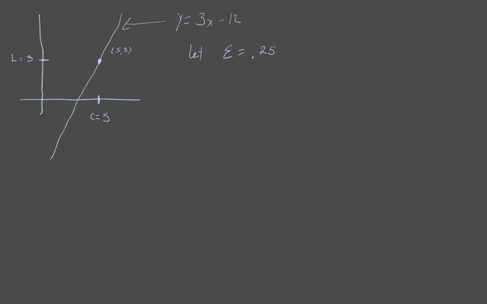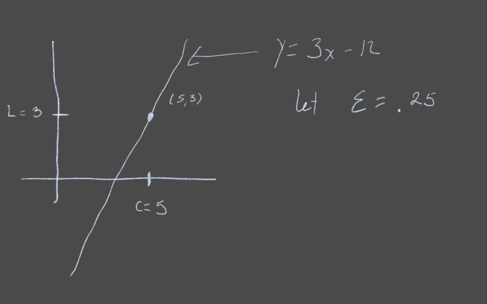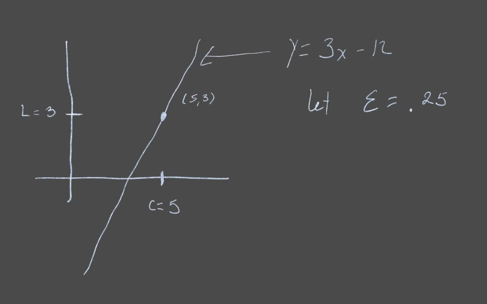So let's zoom in on this picture a little bit. If I am epsilon close to 3, that means I'm up to 3 plus epsilon, which is 3.25, and I'm at 3 minus epsilon, which is 2.75.